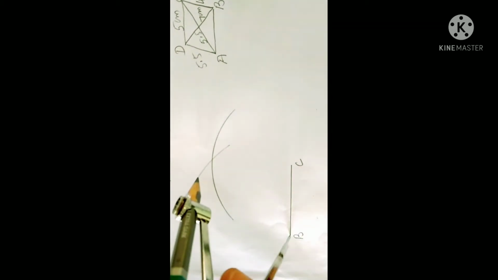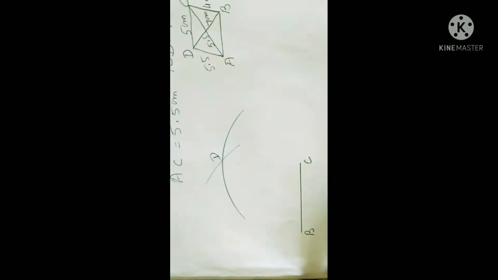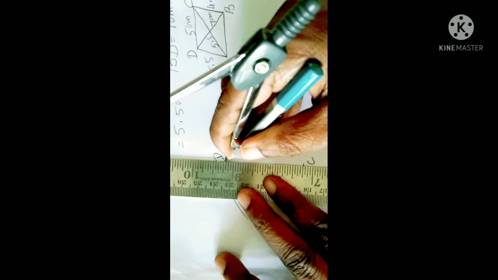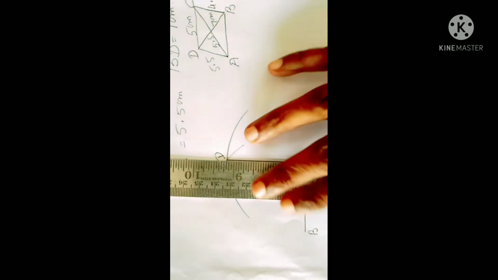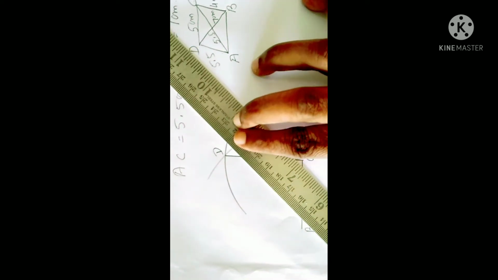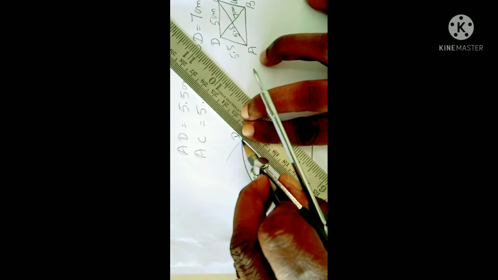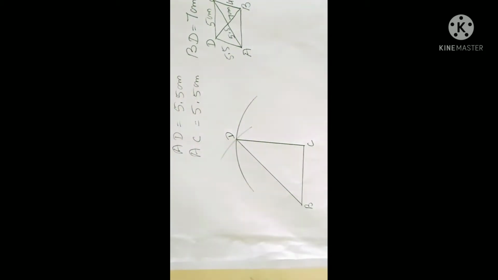So the pointer is on B and cut the first arc to get the point D. This is the point D. So we will join C to D, and also our diagonal is B to D. So that also if you draw one by one, you won't get confused. Otherwise so many points you will get confused. Okay. So you got these 2 points.